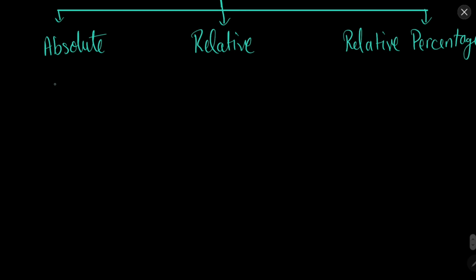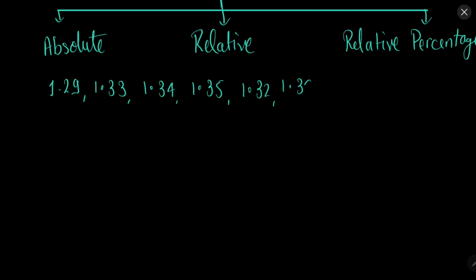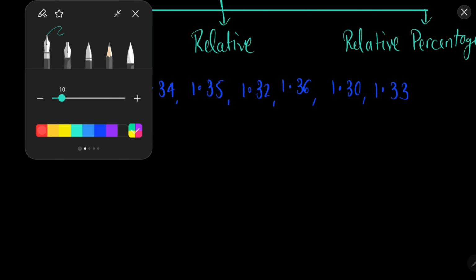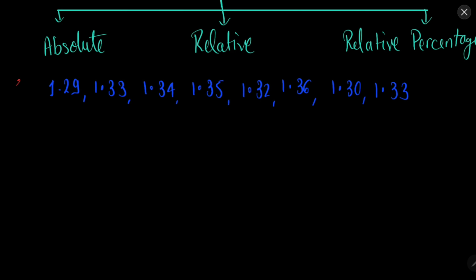The values are 1.29, 1.33, 1.34, 1.35, 1.32, 1.36, 1.30, and 1.33. These are the values that were measured during the calculation. This is our question, and we have to find the different errors here.